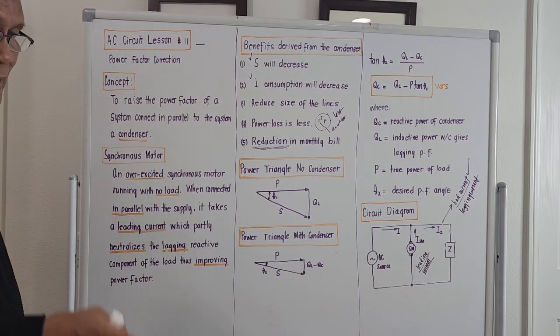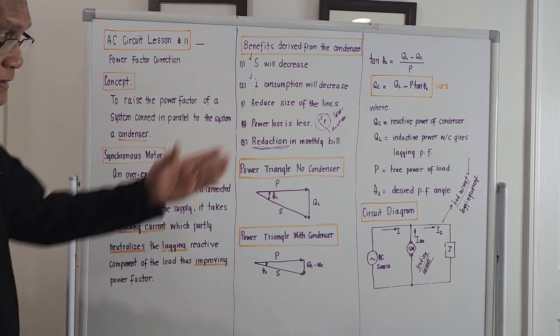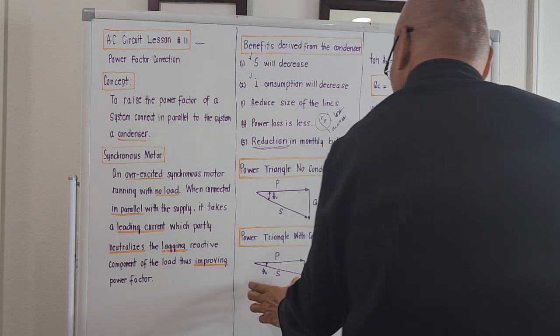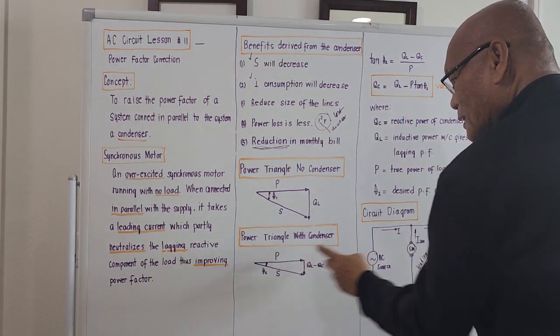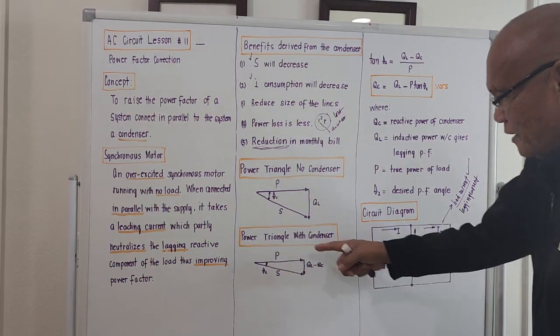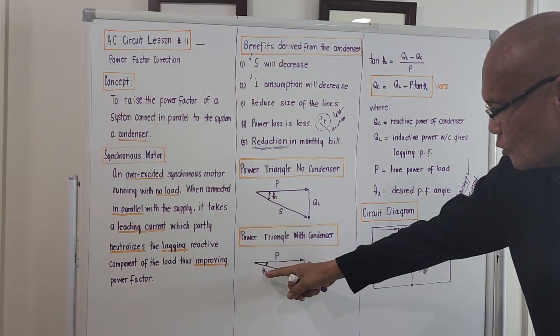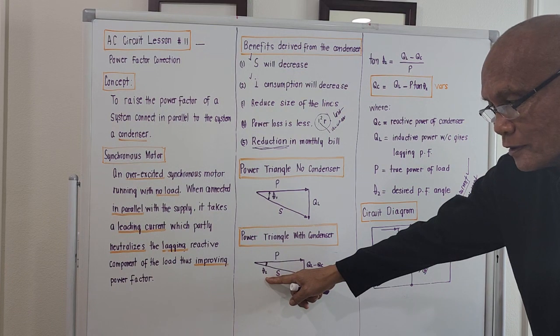And the formula on how to get the reactive power of that condenser is an easy thing to do. Just consider the power triangle with the condenser. It is now a smaller right triangle. Theta 2 will be the desired power factor angle.